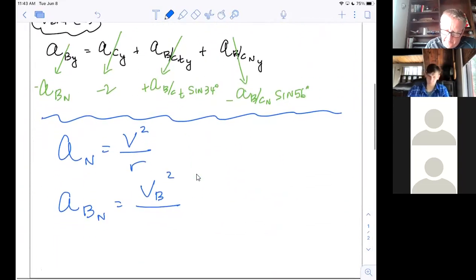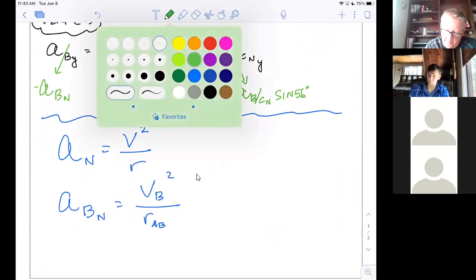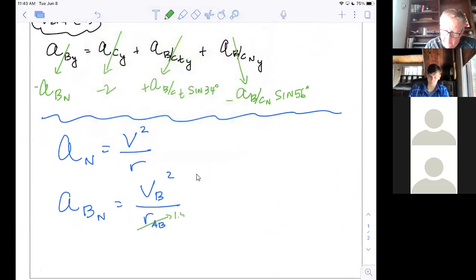So I'm going to write the radius of AB here, but I'm even going to take it out right now. So if I can find the velocity at B, then I'll be able to square it, divide by 1.5, and then I'll be able to replace that with a number.